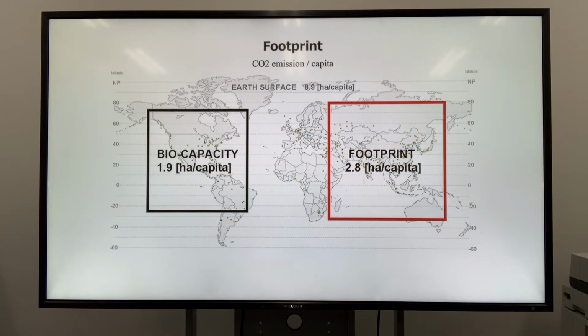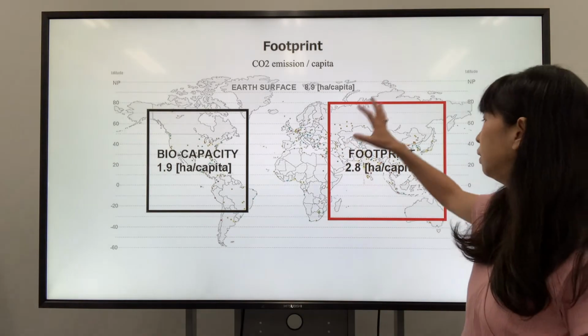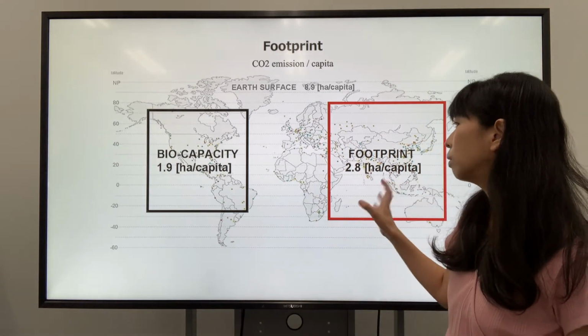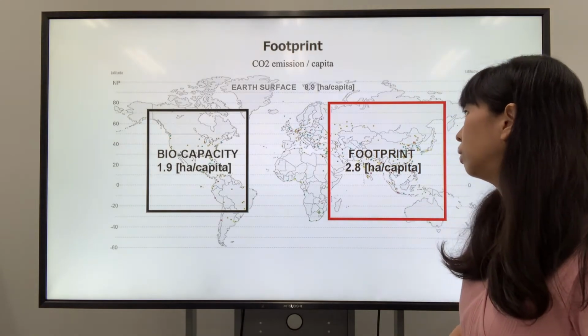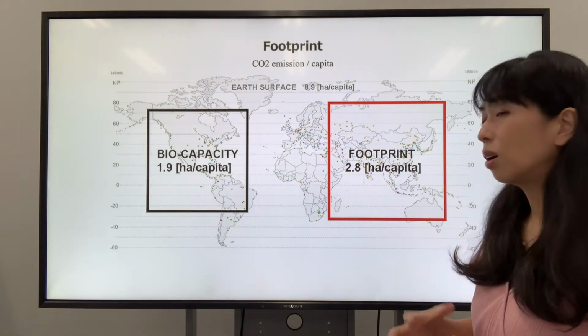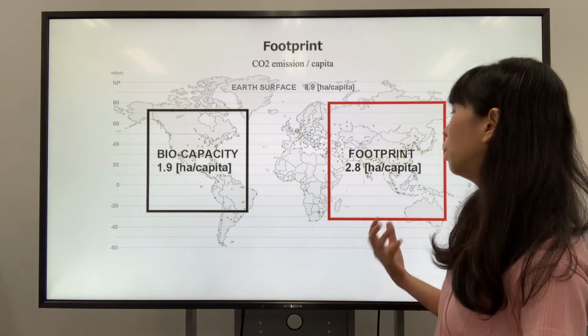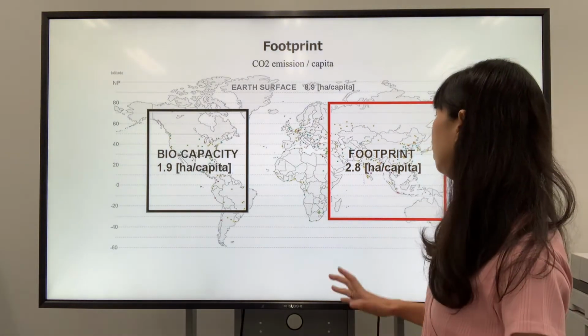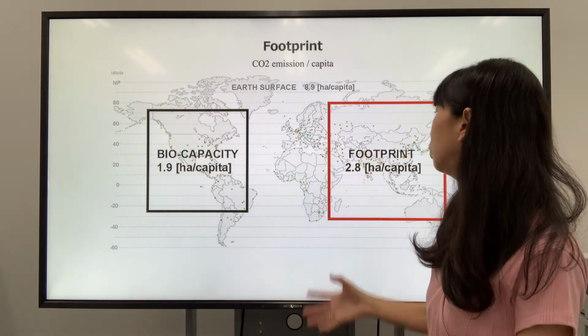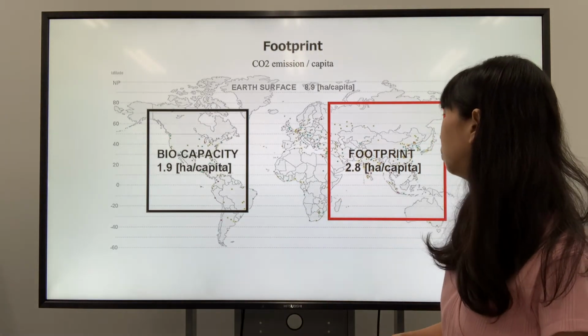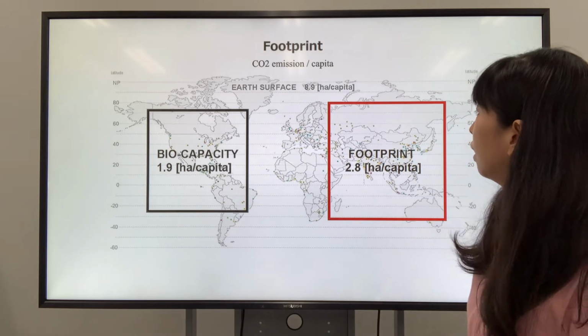This diagram shows footprint per capita, in this case the world average. If we divide the entire world by the population, then per person we are actually using 2.8 hectares per capita.